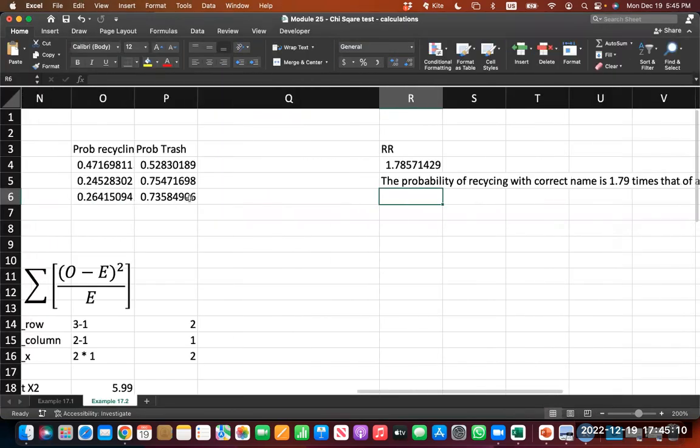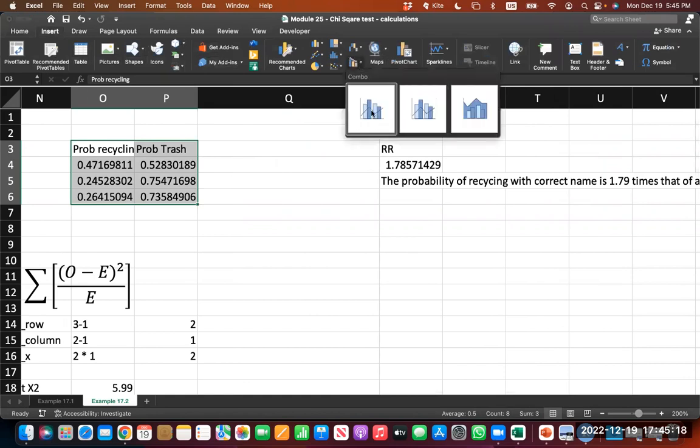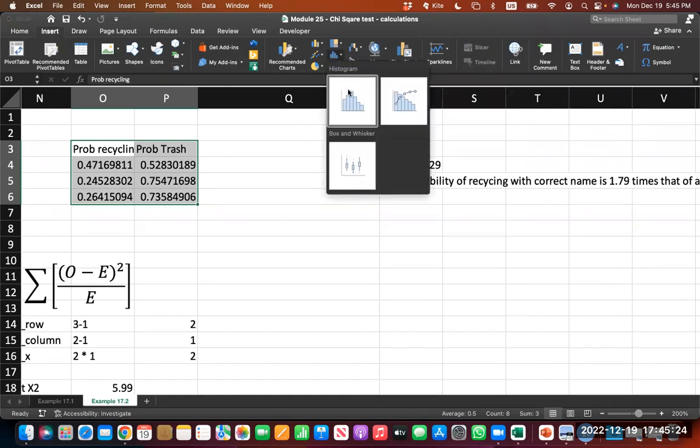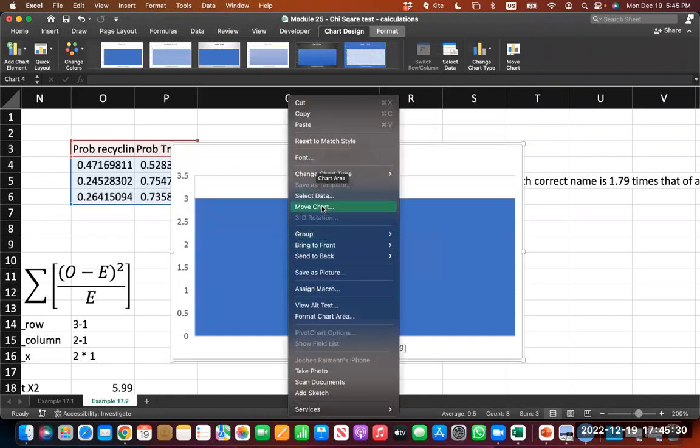If you would like to show this right next to each other, you can simply do this by insert and take on bar graphs. Should be right here. Here, right next to each other.